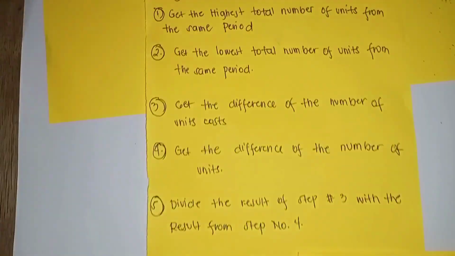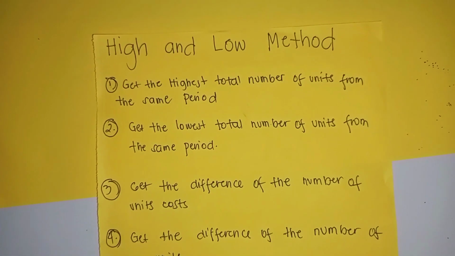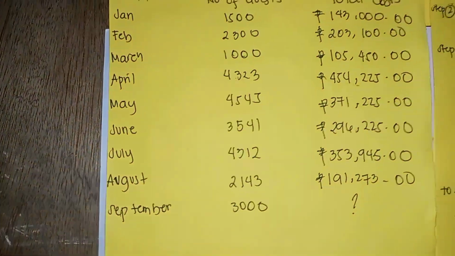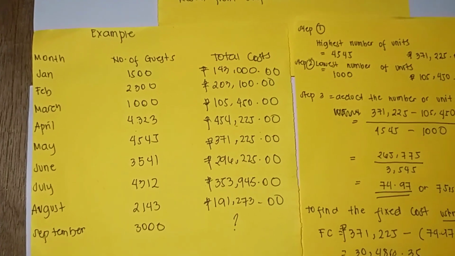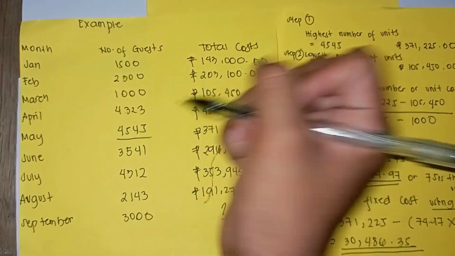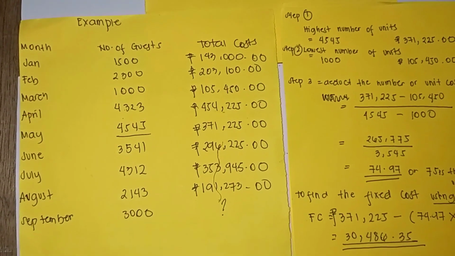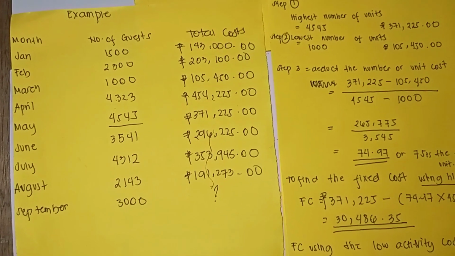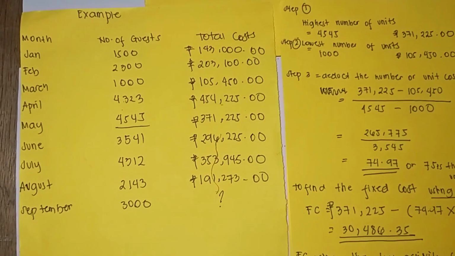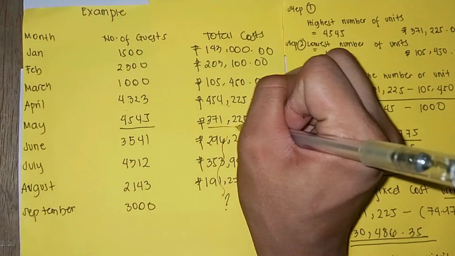So step 1 is to get the highest total number of units from the same period. So in this period, as we can see, May has the highest total number of units and has a corresponding total cost of 371,225.